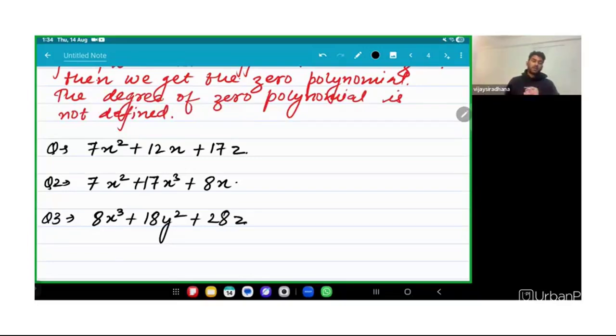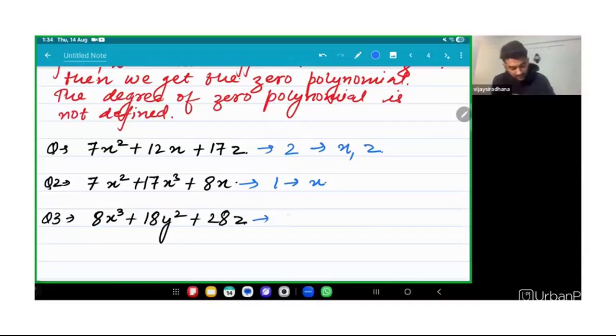Now, student, you might see that in question number 1, how many variables are there? You will say that there are two variables, either x or z. In question number 2, there is only one variable, which is x.